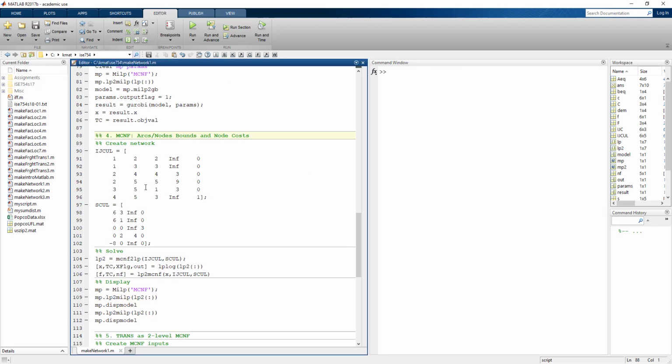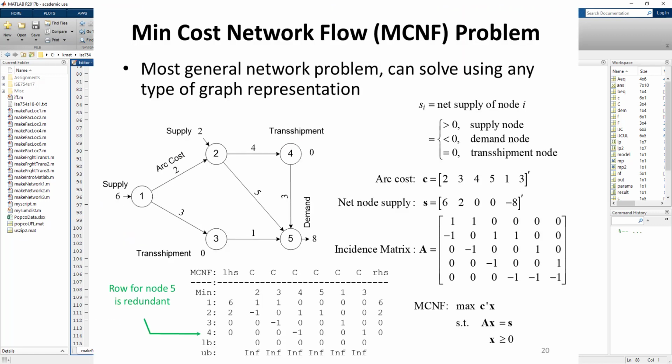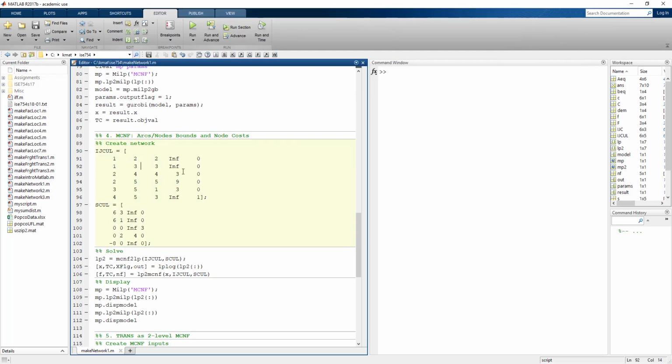The next example looks at the min-cost network flow problem with bounds on the arcs and on the nodes. And also we can add cost to the nodes. The arc list representation, which originally had 3 columns, we can include the upper and lower bounds by adding a 4th and a 5th column. And by default, the upper bounds are infinity.